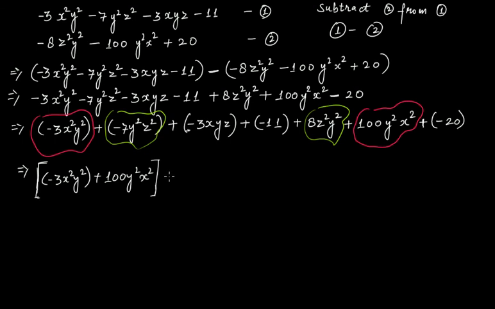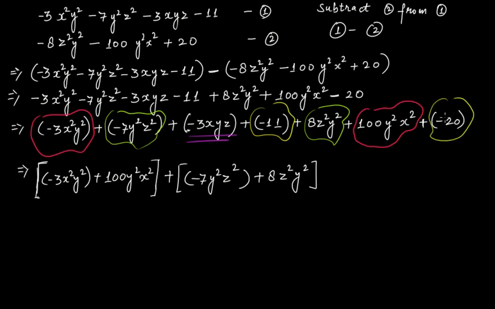So again, plus this is minus 7y squared z squared and plus 8z squared y squared. And again, if you look here, this doesn't have any like term, it's alone, but this minus 11 and minus 20, these are two like terms. So first write this one, that is plus minus 3xyz, we don't have anything to add to this, then plus minus 11 plus minus 20.